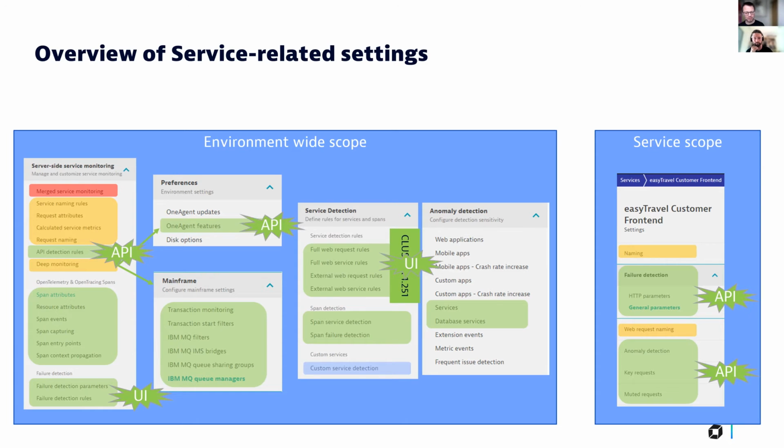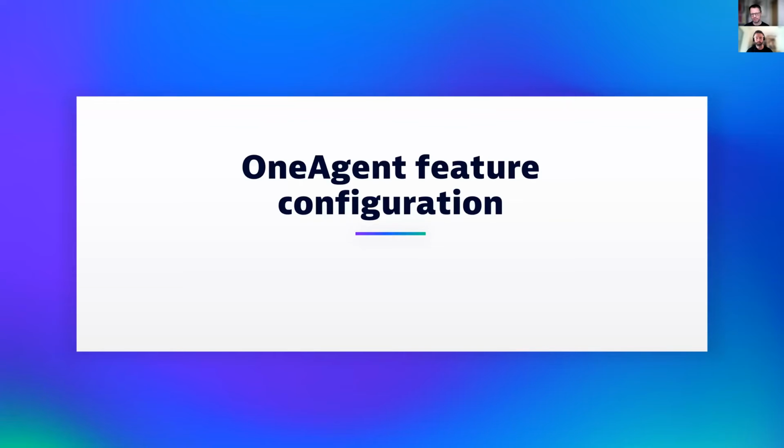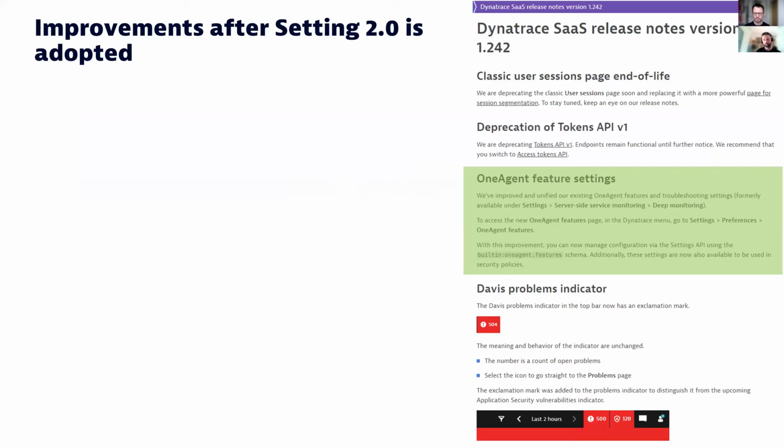A very specific new point are the OneAgent features that we want to cover later on, because this, I think, is a good example of how developers can activate or deactivate specific features by themselves. And that's basically where I want to jump over now a little bit deeper into the OneAgent feature configuration, because here we thought a little bit more about how this should work and how we can improve this great functionality in Dynatrace.